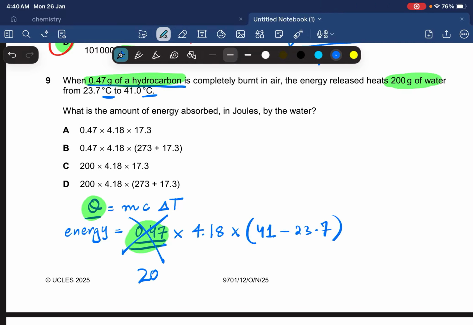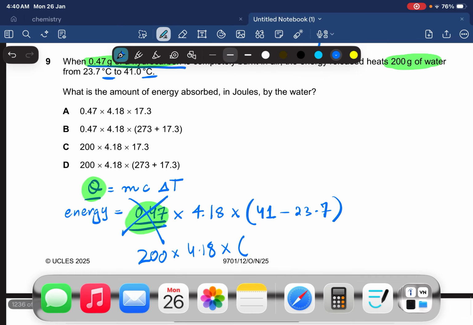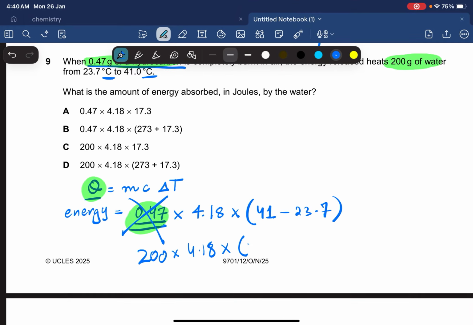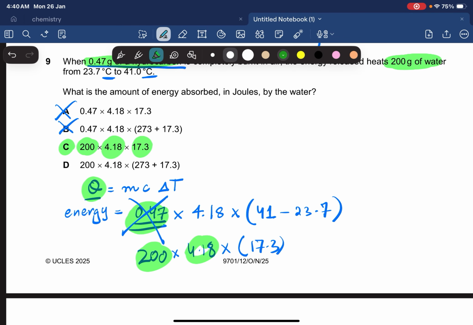It's 200 times 4.18 times 41 minus 23.7. So let's check what we get. 41 minus 23.7 is 17.3. Which makes option C the correct one: 200 times 4.18 times 17.3.